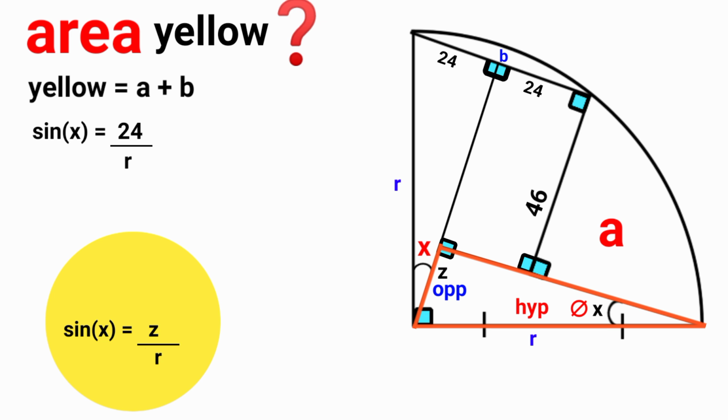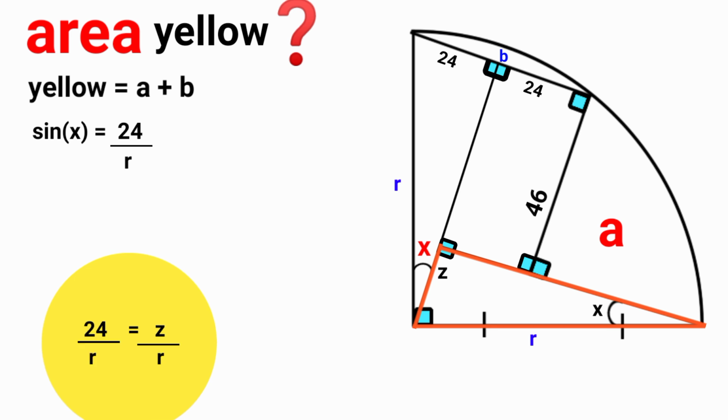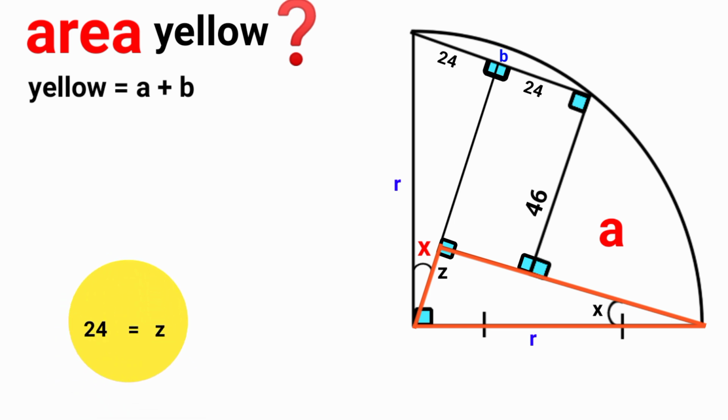So sin x equals z over r. But from here, sin x equals 24 over r. Substitute it here. Now 24 over r equals z over r. This r cancels this r. So 24 equals z. That is, the length of this side is 24 units.